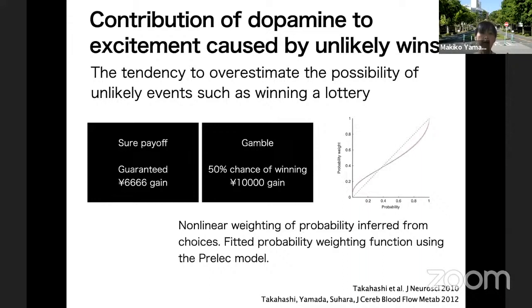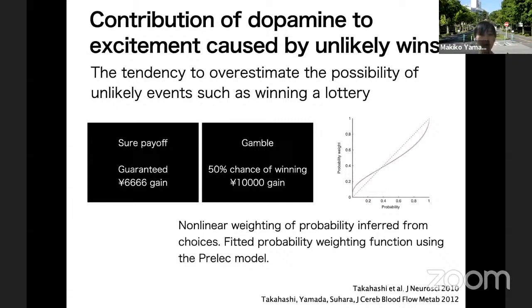Here, there are two choices: sure payoff and gamble. And we ask a subject which choice they prefer. One sure payoff indicates it is guaranteed that subjects gain this amount of money.